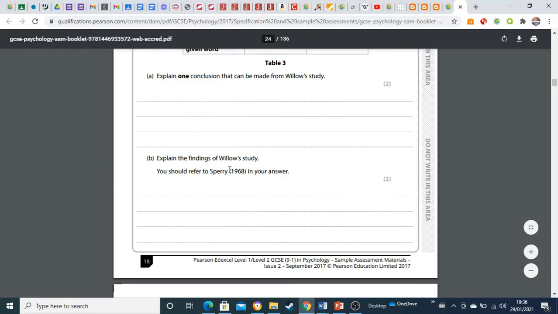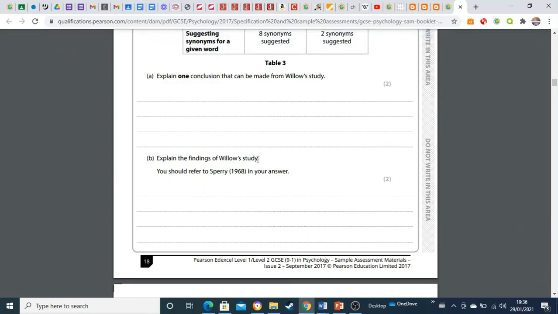Right, okay, so you might want to reference how the left hemisphere controls language, as shown by the fact that when shown 2 words, one in the right visual field and one in the left, only the word in the right visual field could be said, which shows that the left hemisphere, which controls the right visual field, also controls language.